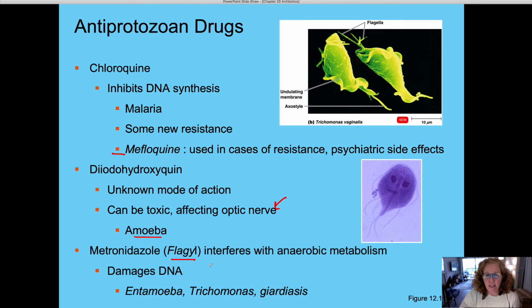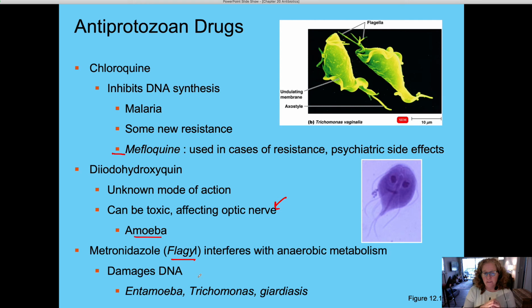Flagyl is actually very common, and in addition to being an antiprotozoan, it also has some efficacy against bacteria. Flagyl is oftentimes given in combination with other antimicrobial drugs. Flagyl is also given not only in parasitic infections, but also in C. diff infections, many times because Flagyl may be used as a preventative.